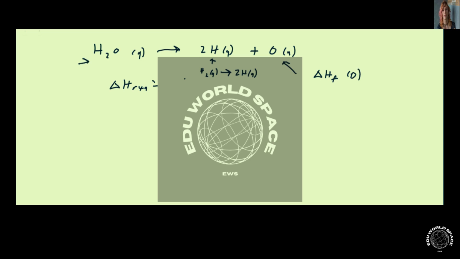And then here we'll be using the enthalpy of formation. I should mention that these are all supposed to be in standard states as well, so I should be using this superscript.